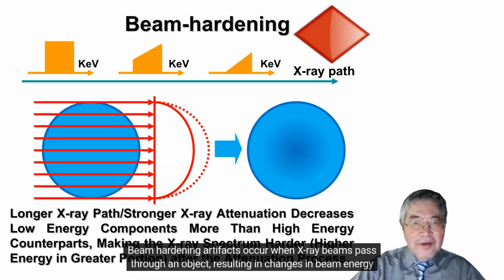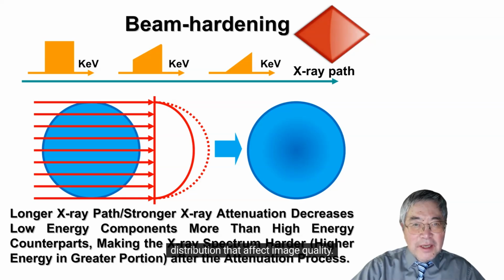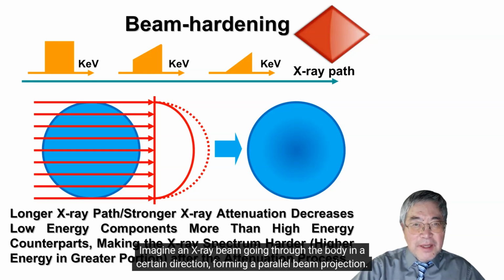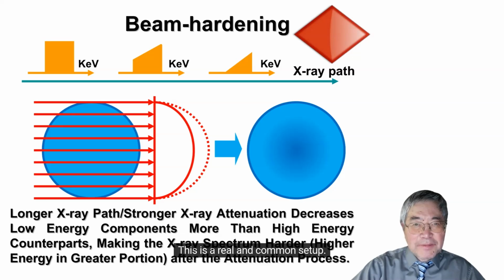Beam hardening artifacts occur when X-ray beams pass through an object, resulting in changes in beam energy distribution that affect image quality. Let me explain this in some detail. Imagine an X-ray beam going through the body in a certain direction, forming a parallel beam projection. This is a real and common setup.